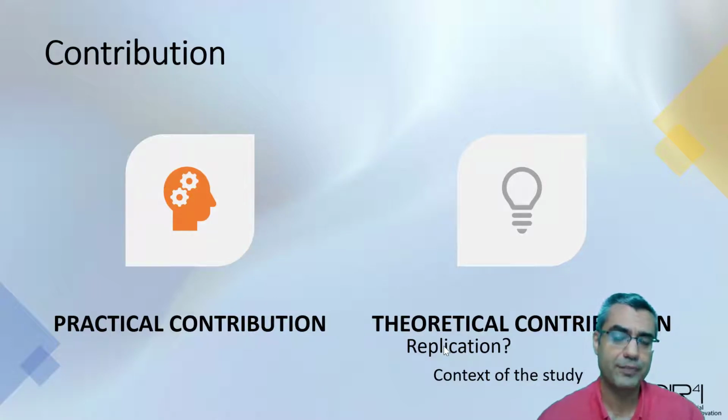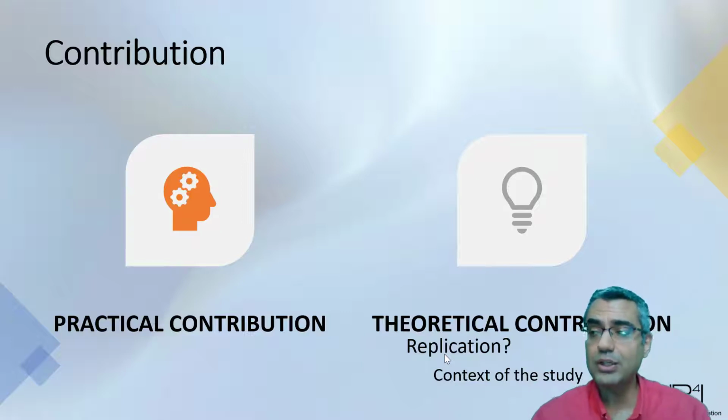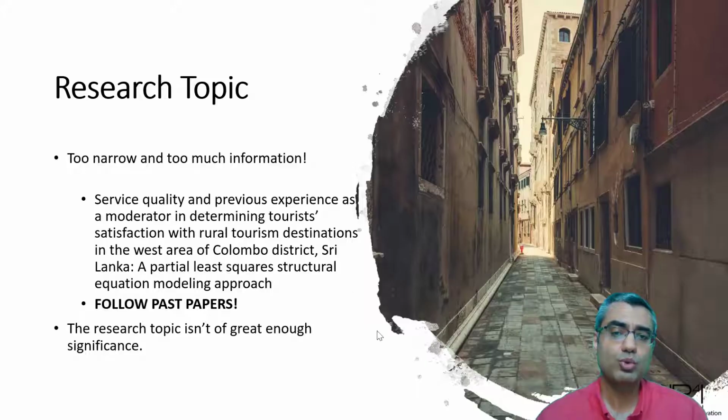This is the question. You can replicate, especially in social sciences, yes, we can replicate, but you need a good justification, right? For example, there are so many studies on the relationship between A and B. Now, based on what I have seen so far, this is one of the most common justifications in papers we receive from East Asia.